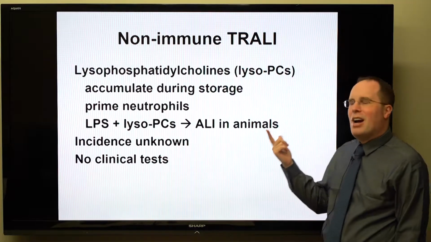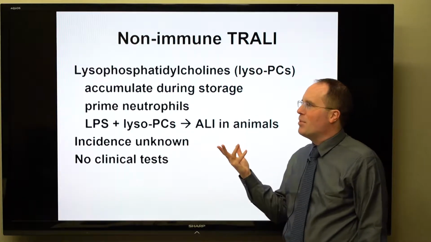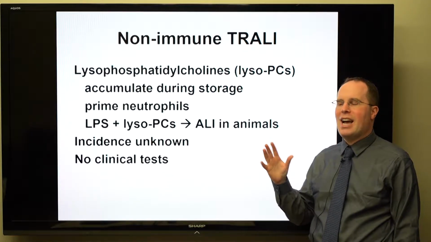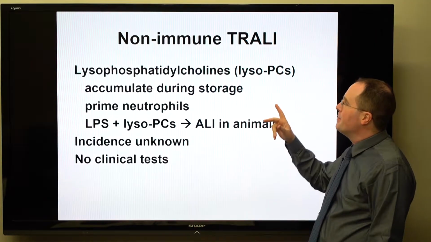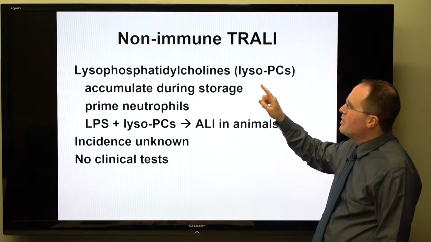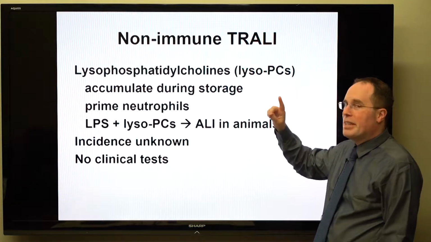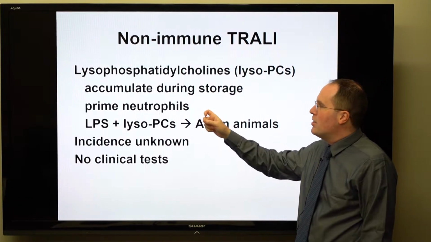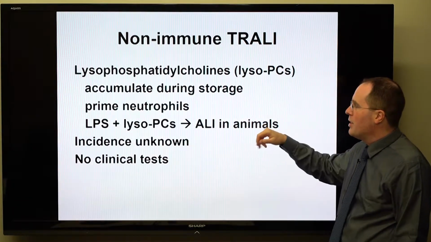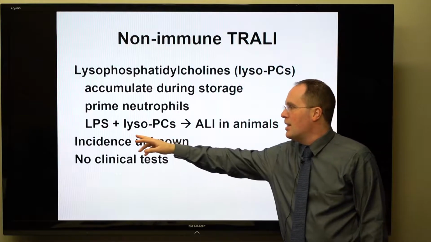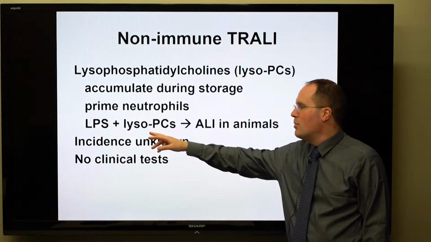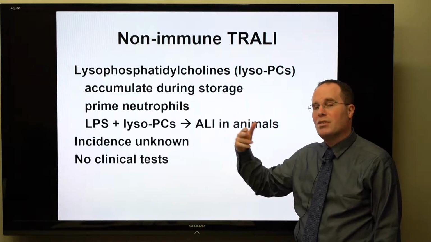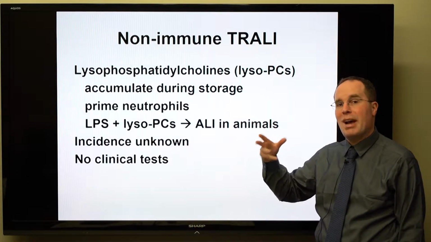And then a few words about non-immune TRALI. This is not terribly well understood, so it's not like it's easy to ask questions about this, but these lysophosphatidylcholines, or lyso-PCs for short, they accumulate during storage, they prime neutrophils, and in animal models, lipopolysaccharides that you would see in a condition that would prime neutrophils, something similar to sepsis or at least bacteremia.